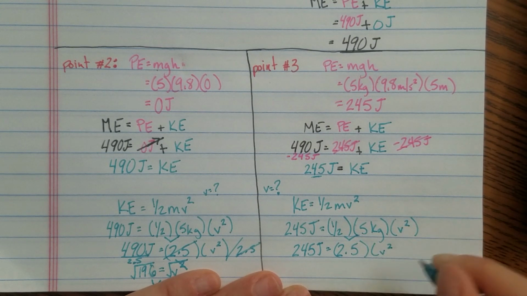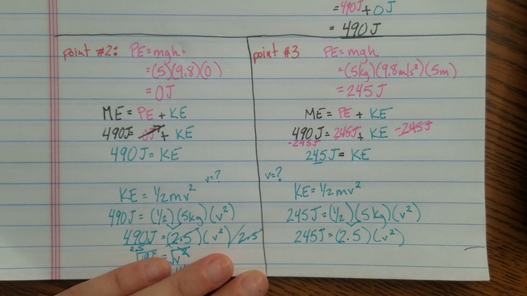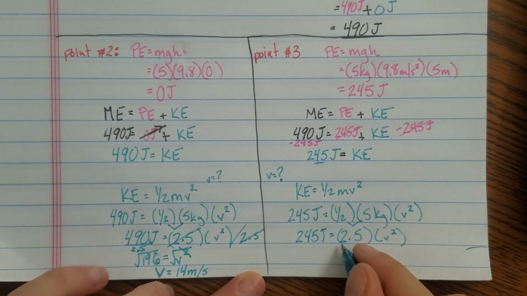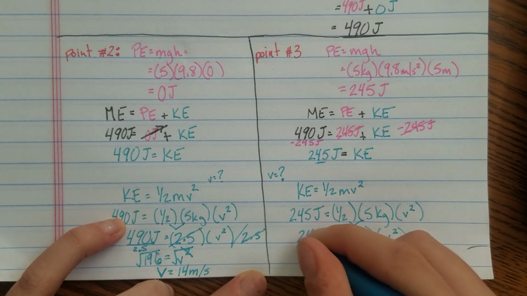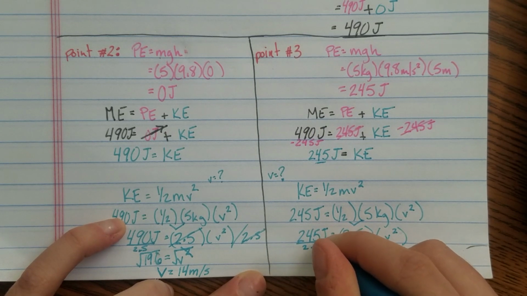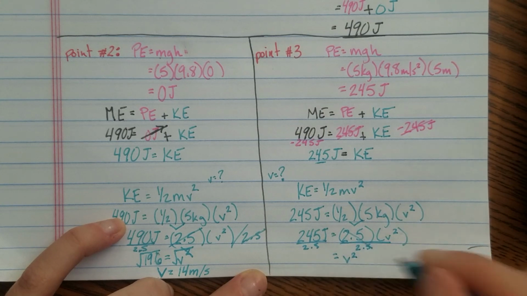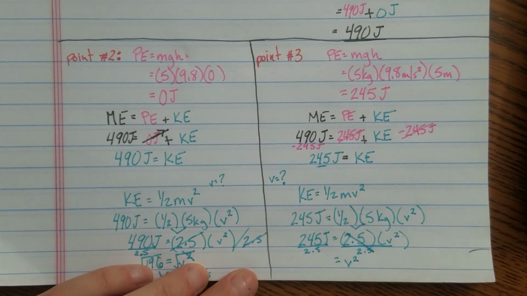Because these two are multiplied, to move the 2.5, we're again going to do the opposite of multiplication, which is division. I'm going to divide both sides by 2.5. So I brought down the v squared on the right because the 2.5s have canceled.